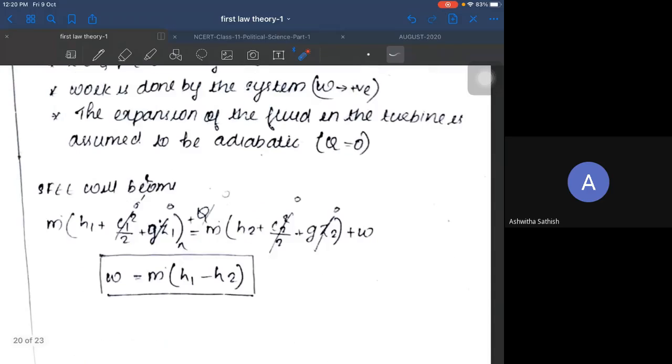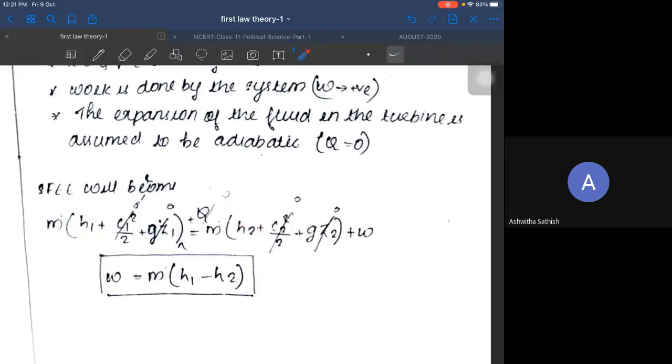Applying the same thing again, you write the steady flow energy equation. Potential and kinetic energies at inlet and outlet are neglected. Q is made 0, because we have assumed it to be an adiabatic process. What is remaining is just H and m.